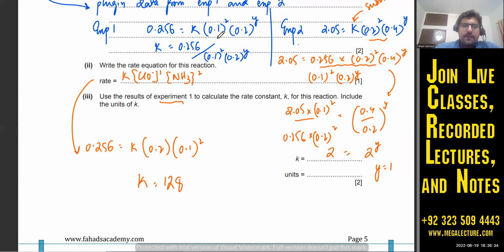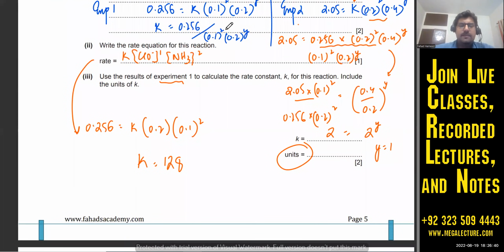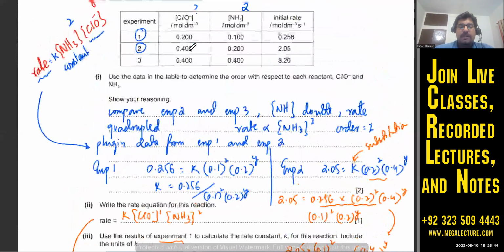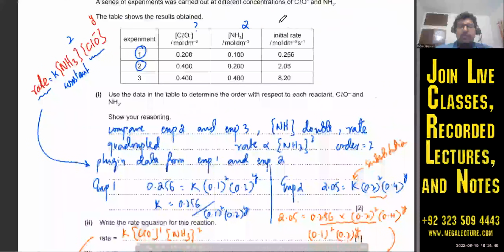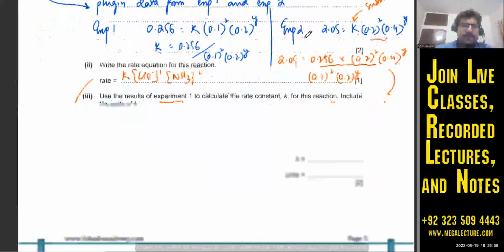And they're asking for the units of k as well. So how do you find units? You use the same equation and plug in the units. The units are already given away here. It's mole per dm cube per second, that's change in concentration with respect to time. So इसी के units निकालो. Rate is mole per dm cube per second.